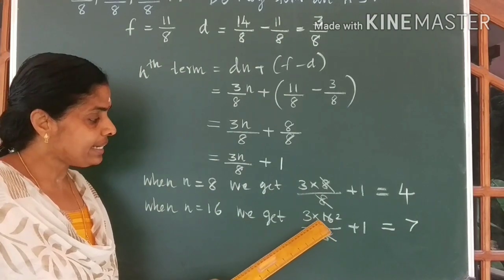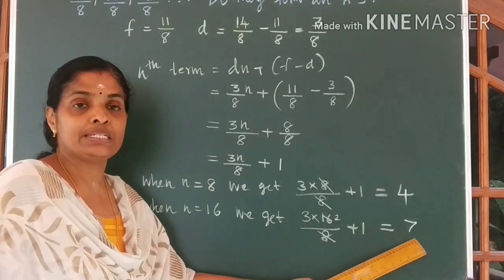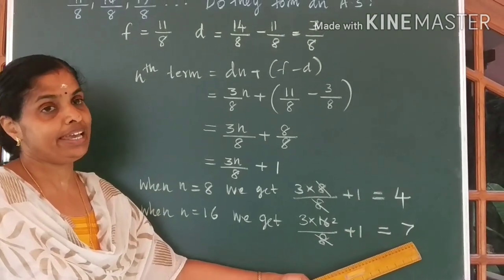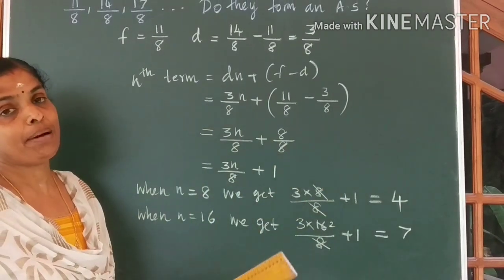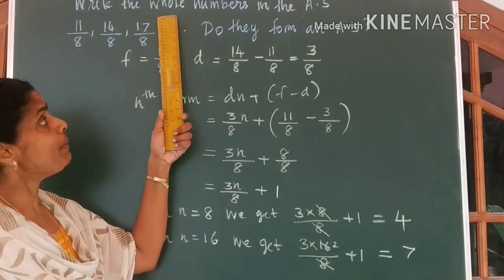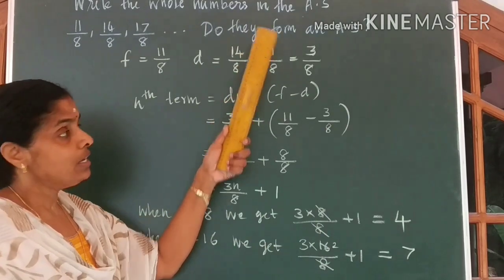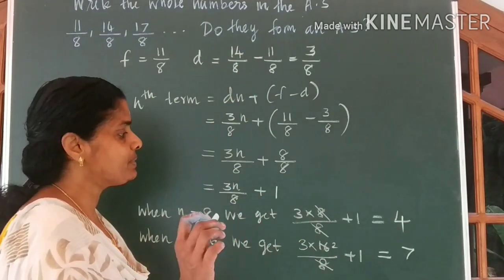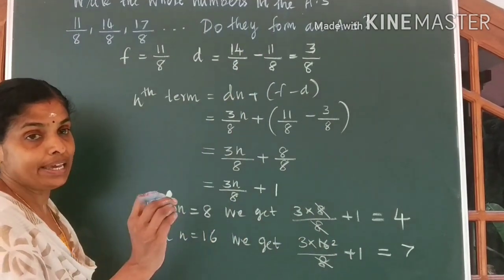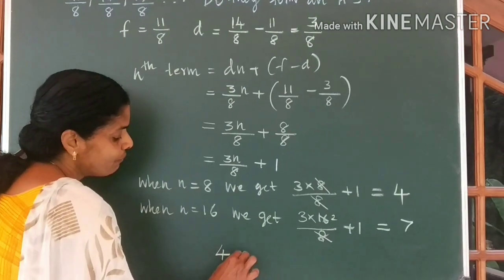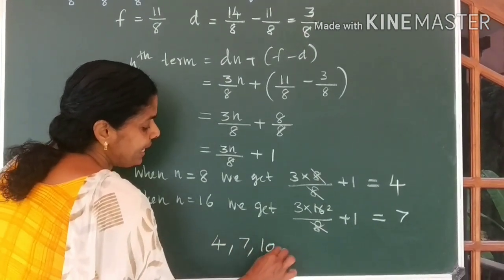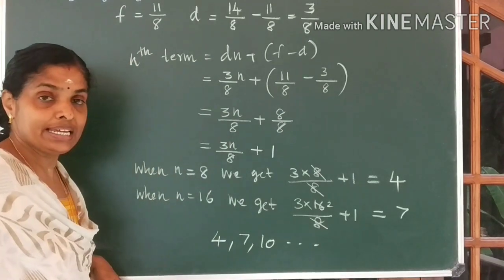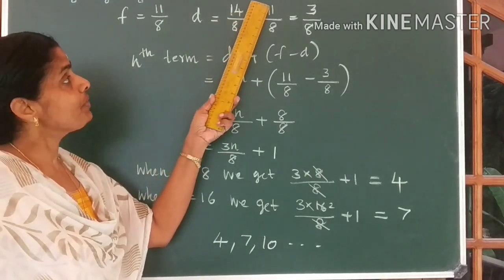So you will get 9 plus 1, which is equal to 10. Is it clear? Now come to the second part of the question. First part is write the whole numbers. So let me write the whole numbers first. The whole numbers here are, you are getting 4, 7, 10, etc. Isn't it?